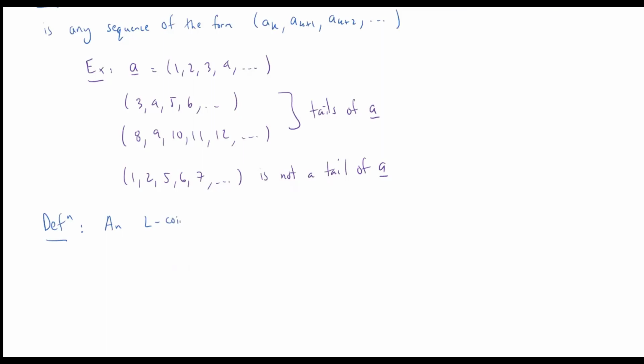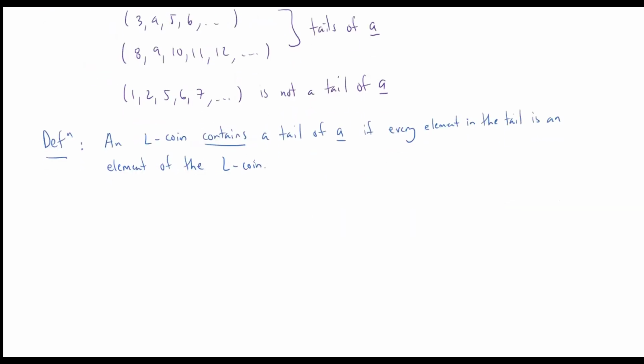An L coin contains a tail of A if every element in the tail is an element of the L coin. Okay, so let's do an example.